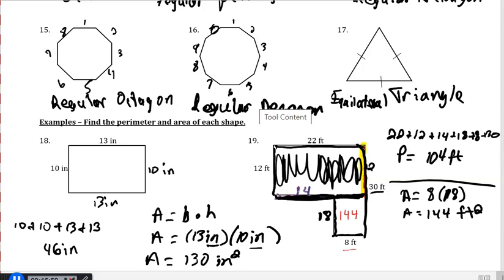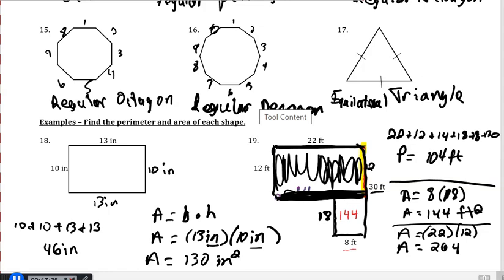I'm running out of space, so let's do that below. This has a height of 12, and this whole length here would have to be the same as this length up here. So my base is 22. The height is 12. So we do base times height. So 22 times 12 is 264.